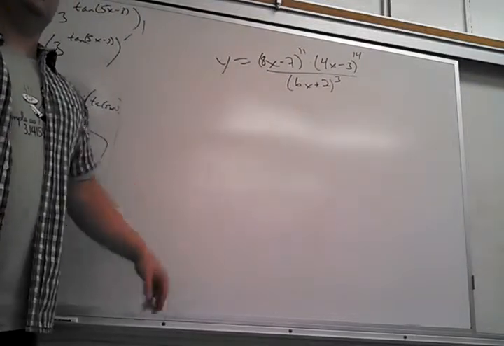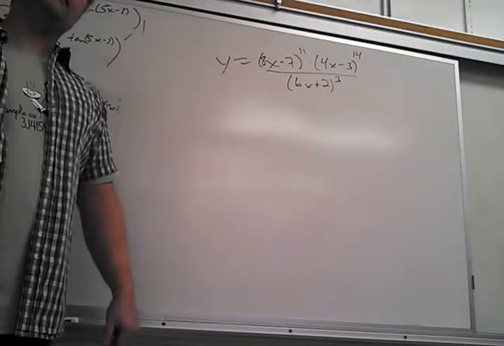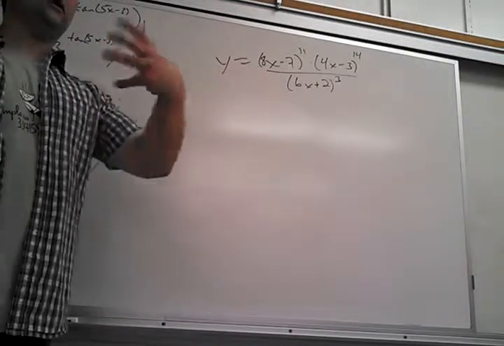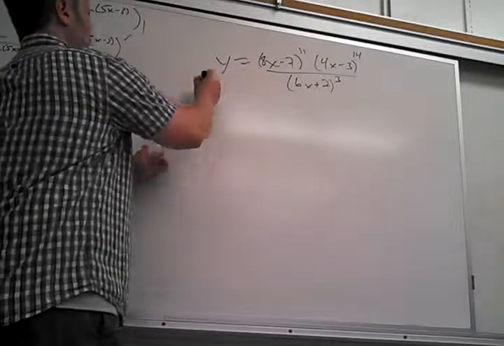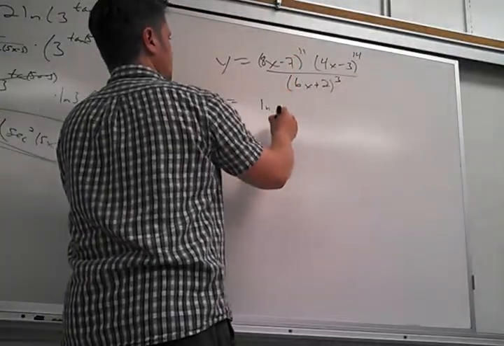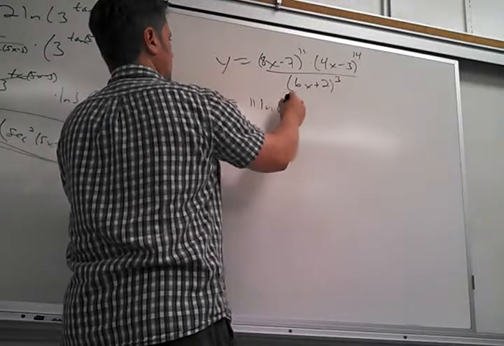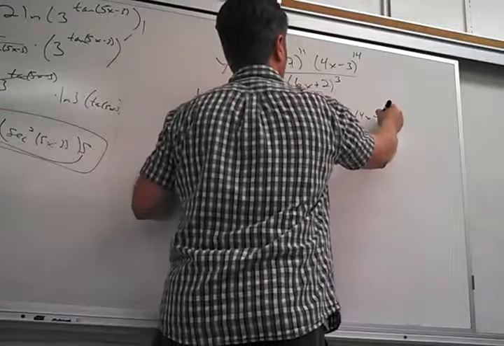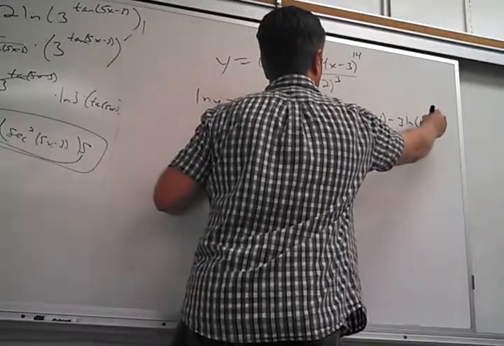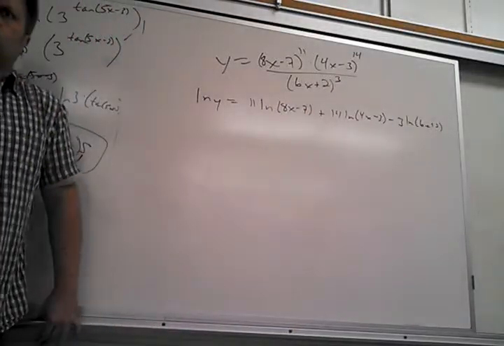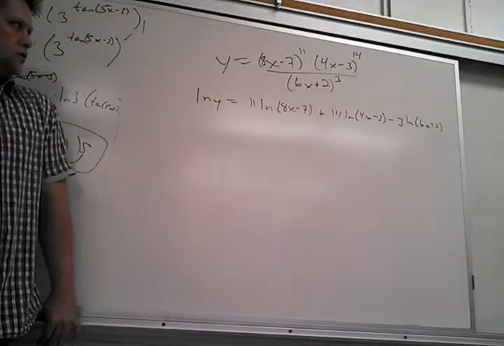So what's the derivative of that? 1 over, one comes over. 11 over 8x minus 7, times 8, is 88, plus 14 times 4, which is 56, over 4x minus 3, minus 3 times 6 is 18 over 6x plus 2.